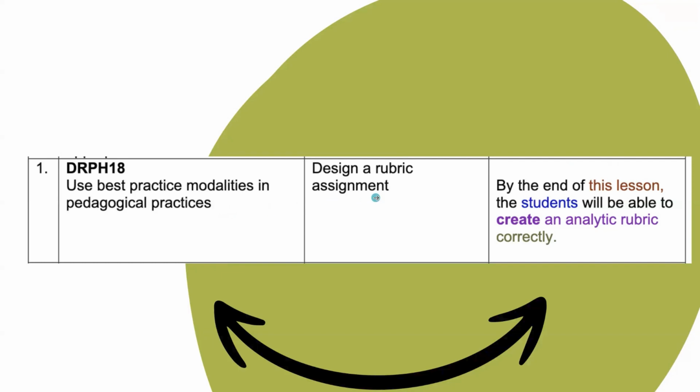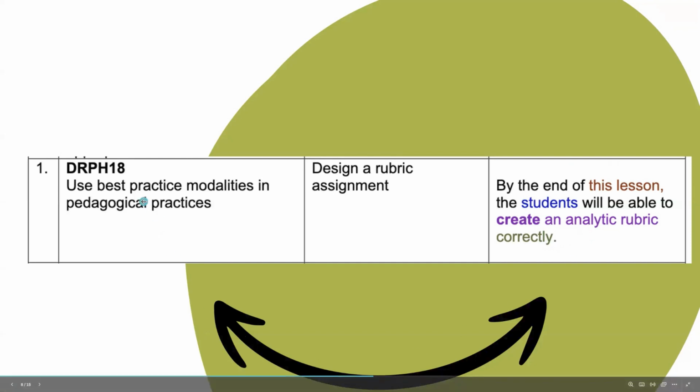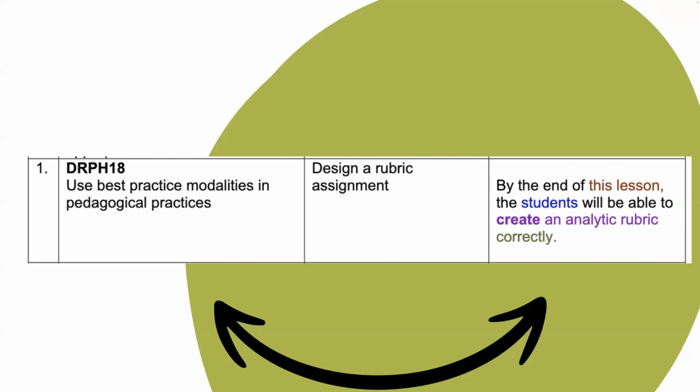So we know that when they design this rubric, we're going to measure it. And if they created it correctly, yay, they passed. If they did not, then they did not meet it. However, we'll just say they met this, and then we can say, oh, yes, this is a best practice, and it is aligned under this competency.